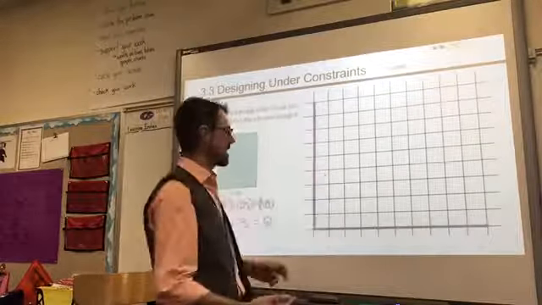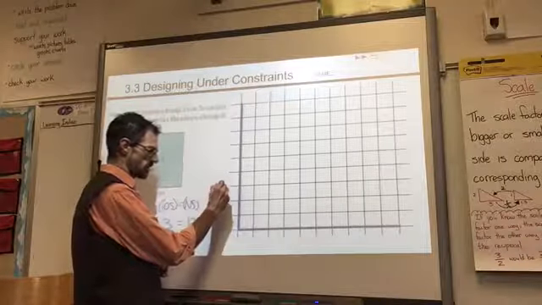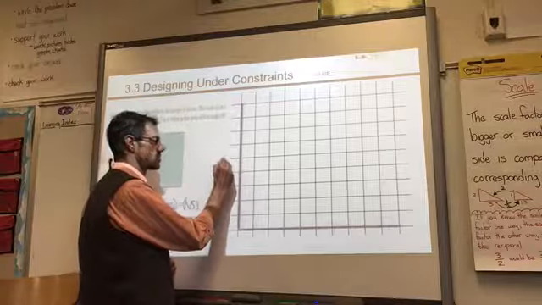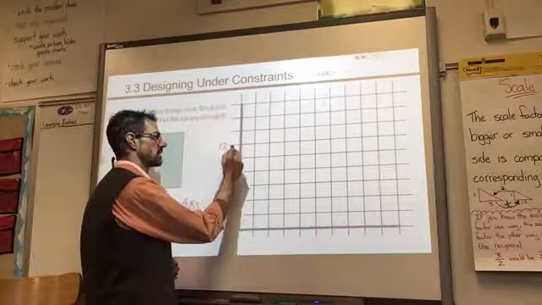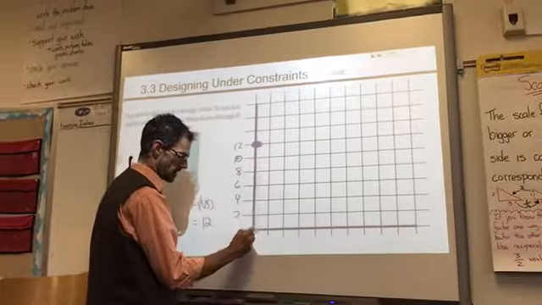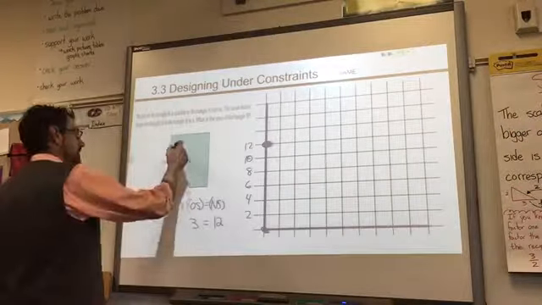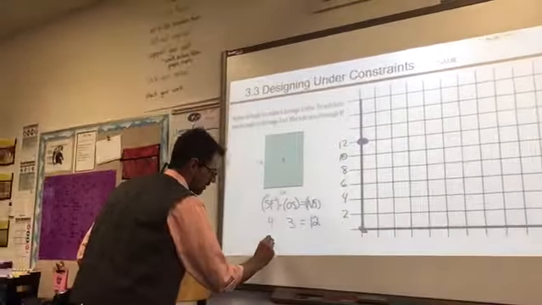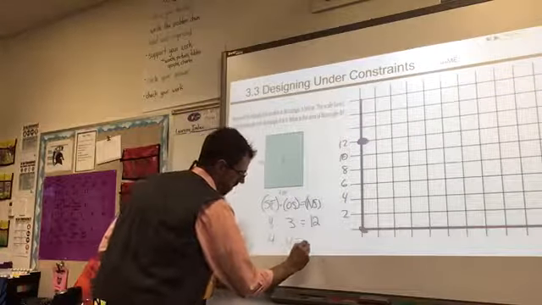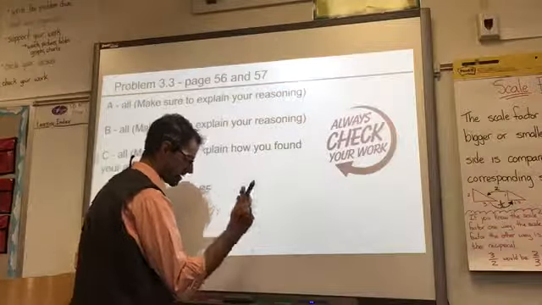Now, a number of you said, oh, it's not long enough. But then I was listening to Shmini and Austin, they both said, hey, go by 2s. So if I go from 0 up to 12, and because that's 3 and that's 4, the other one's going to be 4 times 4, 16.